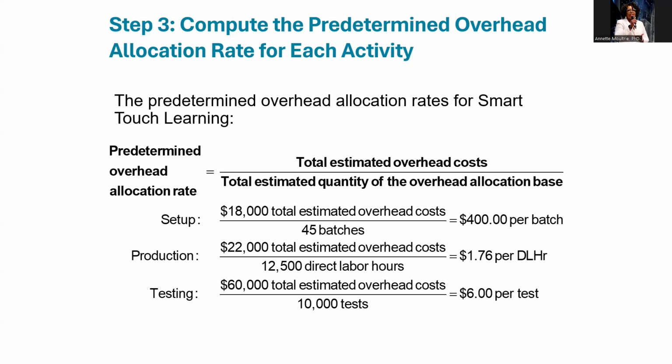With the production, you see the $22,000 total estimated overhead cost divided by the direct labor hours of 12,500, then you get $1.76 per direct labor hour. And with the testing, you have the $60,000 total estimated overhead cost divided by 10,000 tests equals $6 per test.